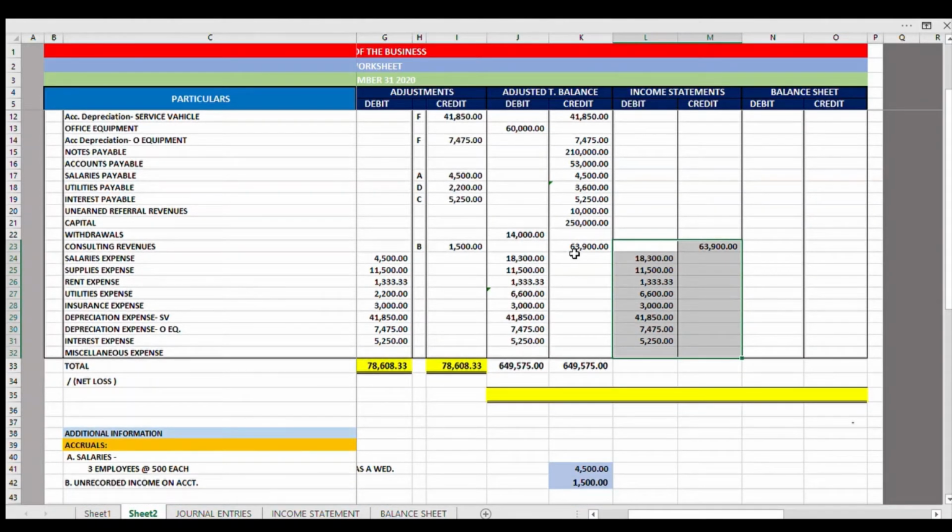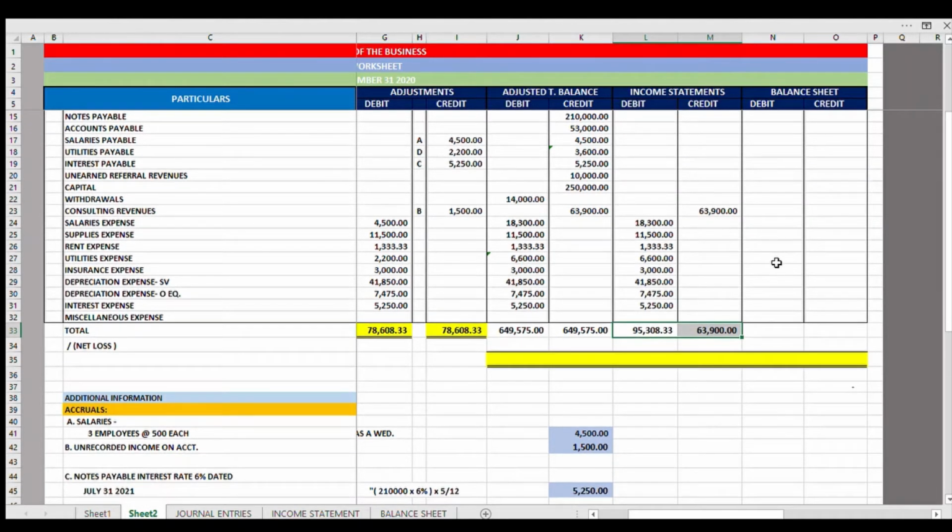Extend natin ang mga income statement accounts. Okay, so if it is credit here, we will put it credit here. And if these accounts are all debit, we will just extend it to the debit side of the worksheet. So let's have the balances. We have 63,900 for the credit, and 95,308.33 for the debit.